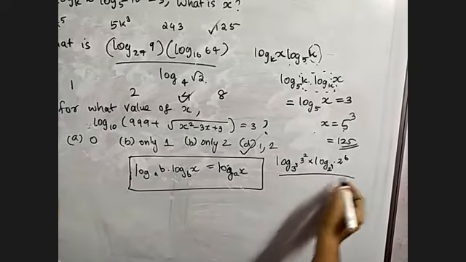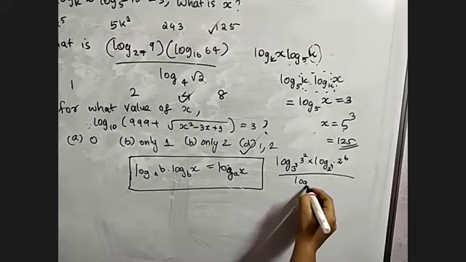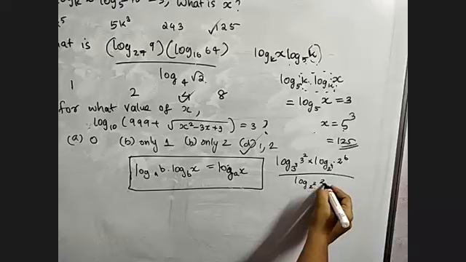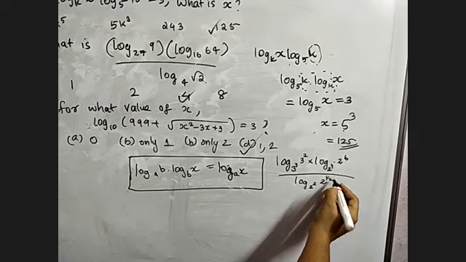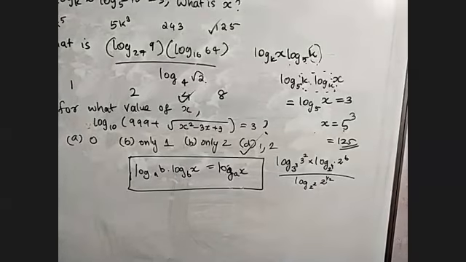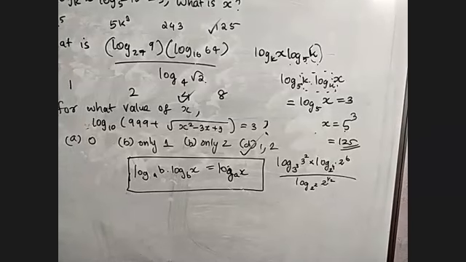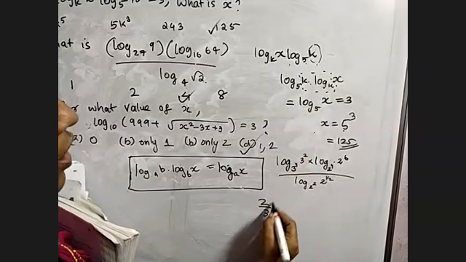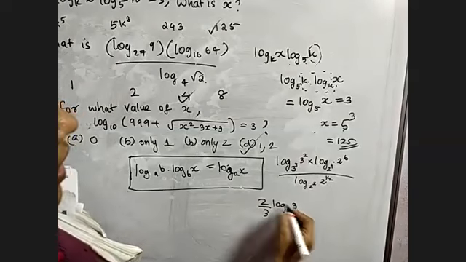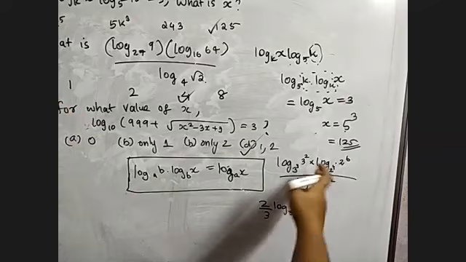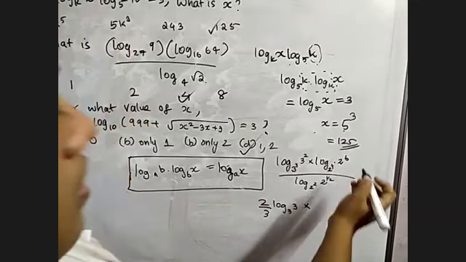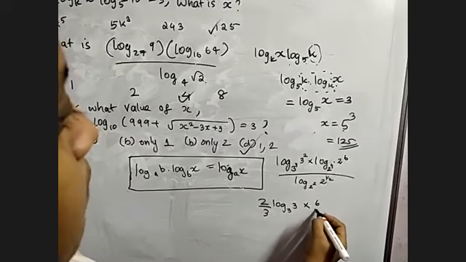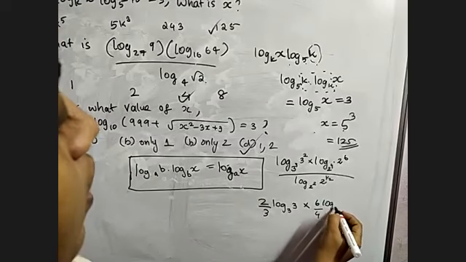Divided by log 2 raised to 2 into 2 raised to 1 by 2. Now simplify that. This will become 2 by 3 log 3, 3, isn't it? 2 by 3 log 3 and 3. This will become 6 by 4 log 2, 2.